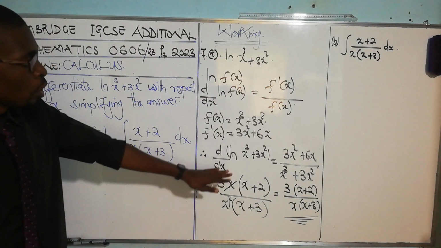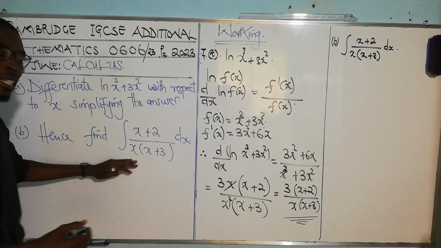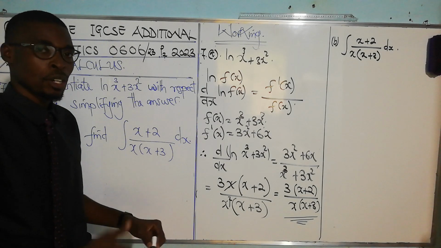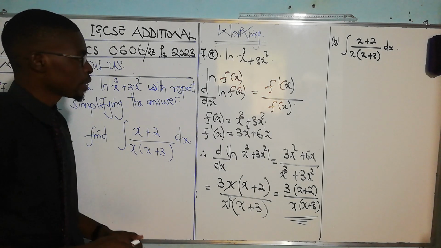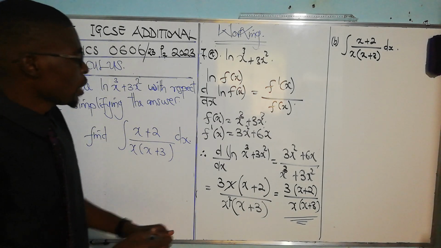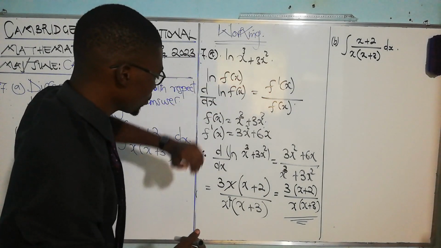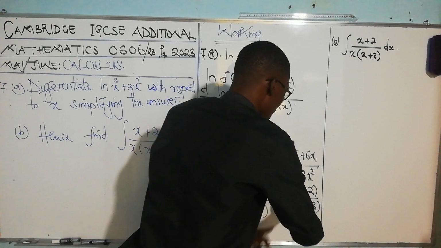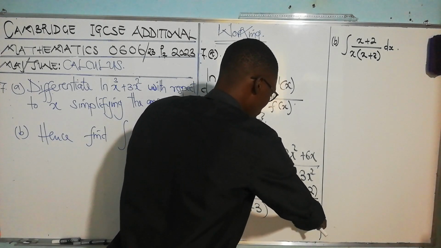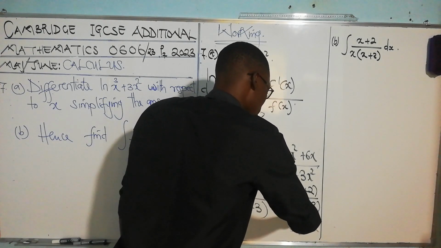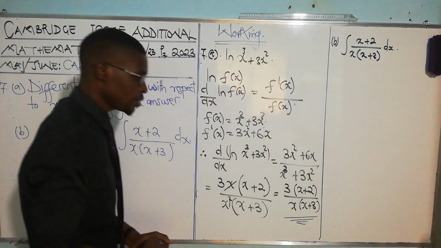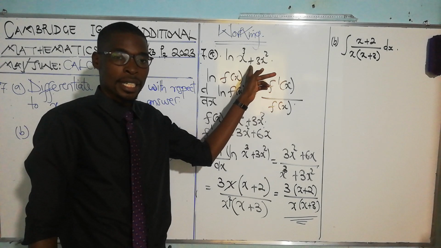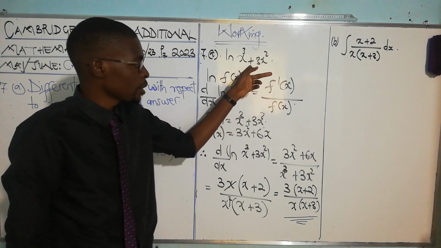Now, you understand that integration is the opposite process of differentiation. If we differentiated this function and got 3 times (x plus 2) over x, open brackets, x plus 3, when you integrate this one, you must get the function itself that we had, which is the natural logarithm.